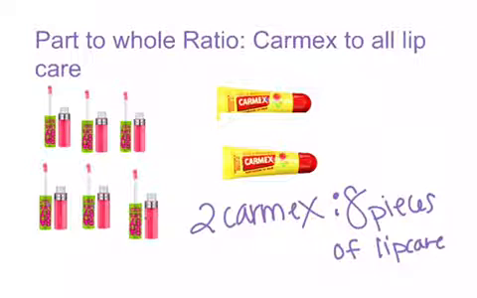If we were doing part-to-part, we could do Carmex to lip gloss, or lip gloss to Carmex, or if we were doing part-to-whole, we could also do lip gloss to all lip care, which would be 6 to 8. Okay, so make sure you read the directions. If it says part-to-part, then it would just be Carmex to lip gloss, but it's part-to-whole, so it's Carmex to all lip care. That's why it's 2 to 8. Now we can also simplify this by dividing both 2 and 8 by 2. That's the GCF of 2 and 8.